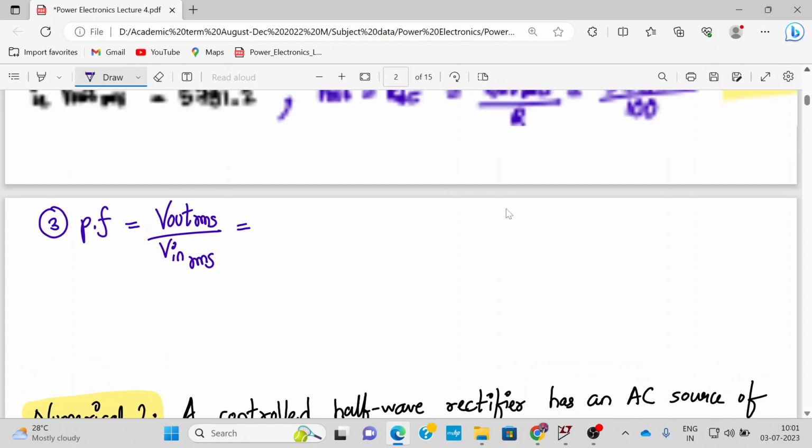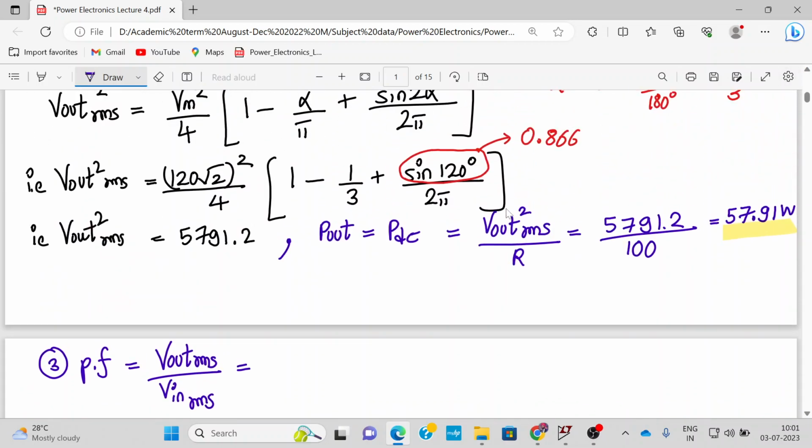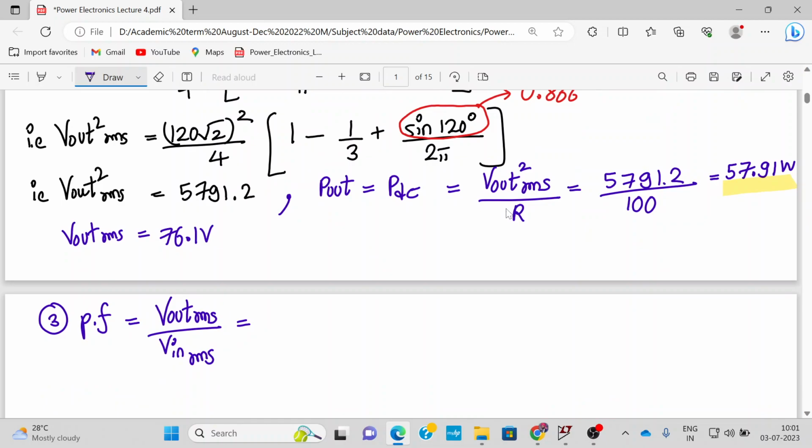Now V out RMS will be around 76.1 volt. Substitute these values over here: 76.1 volt divided by V in RMS, which is around 120. If you divide this number, you will get 0.634. Power factor has no unit, because volt and volt will cancel out. That's the answer for the power factor.